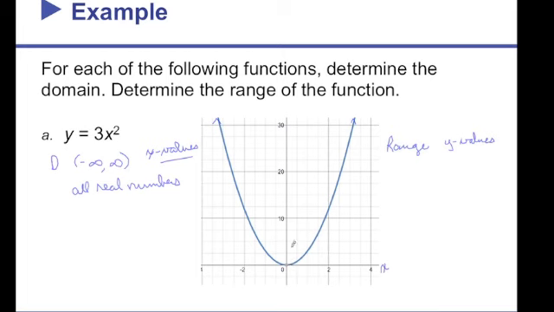So you can see that this graph starts at y equaling 0. So the range here, 0 is a point, so it would be 0 to infinity. Or y has to be greater than or equal to 0.